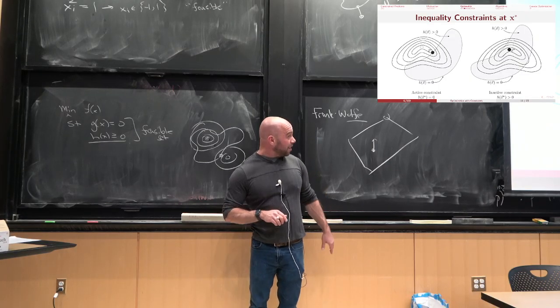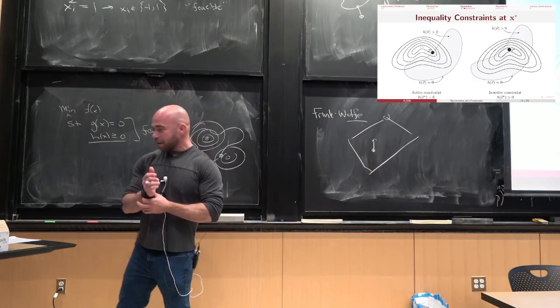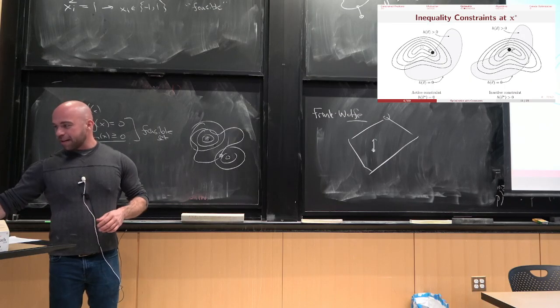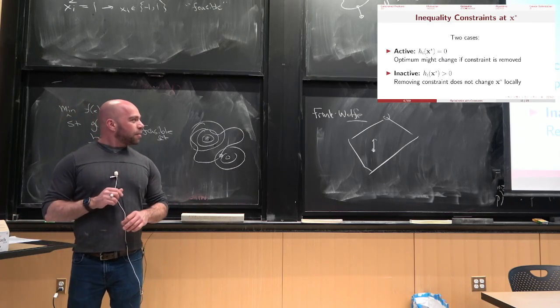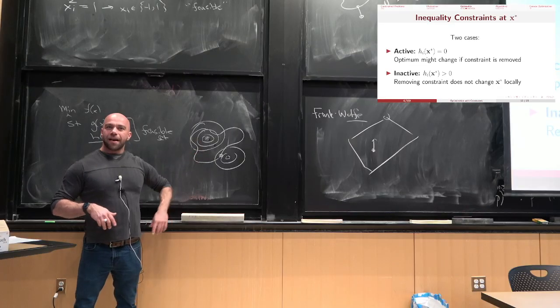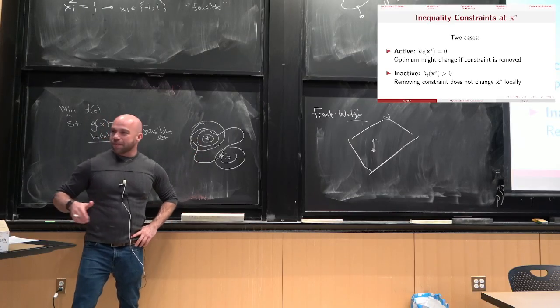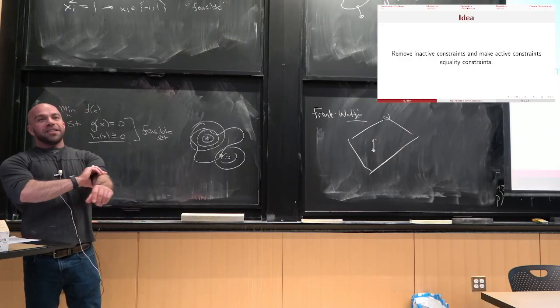You might notice in this class I try really hard to draw pictures of these things because it's so easy to get lost in symbols, especially in the typical numerical analysis course. Okay, so here are two cases. And again, think about whether the optimum has to move in response to adding the constraint or not. Here's the idea that we're going to try to make actionable mathematically.